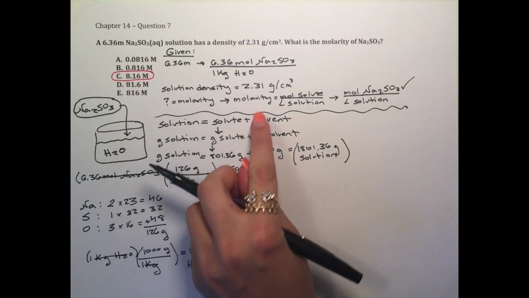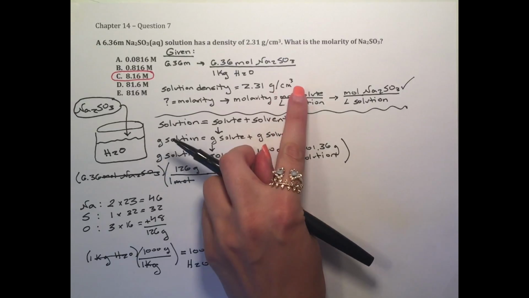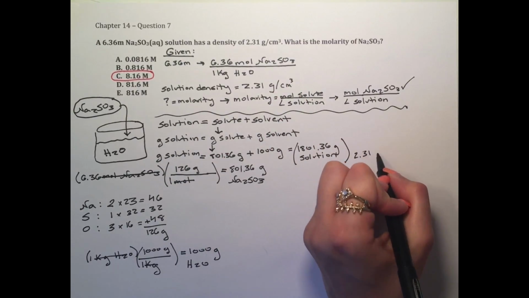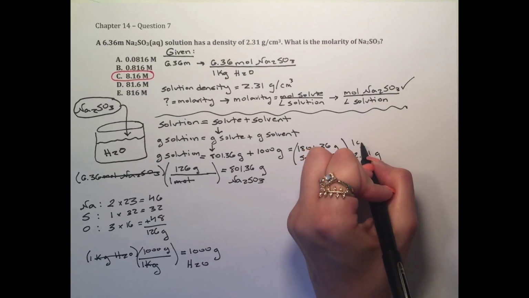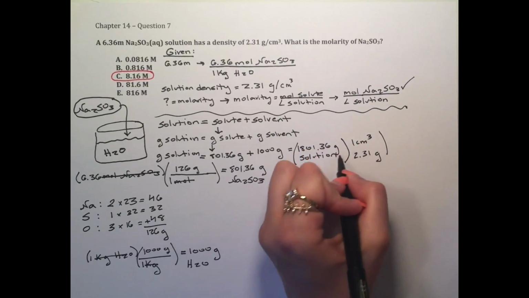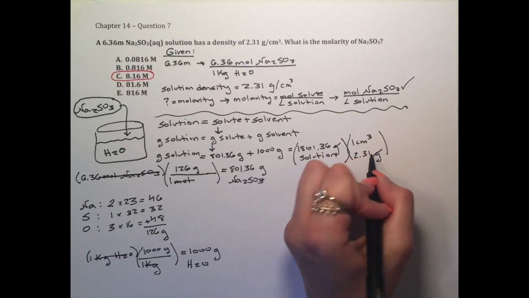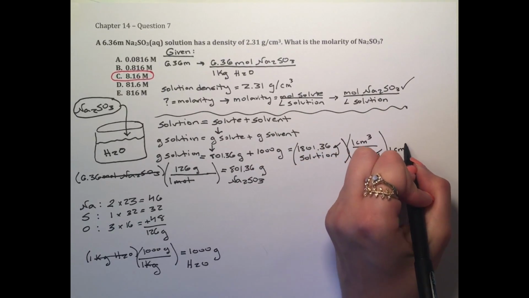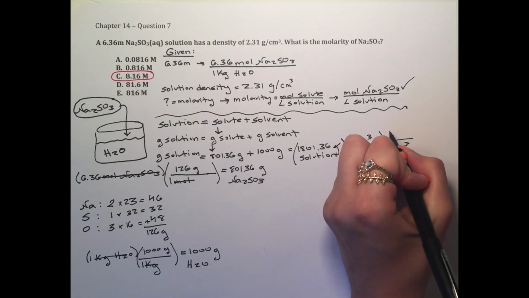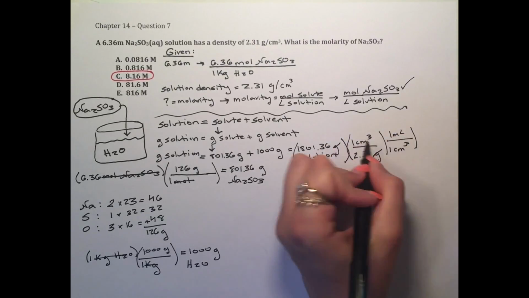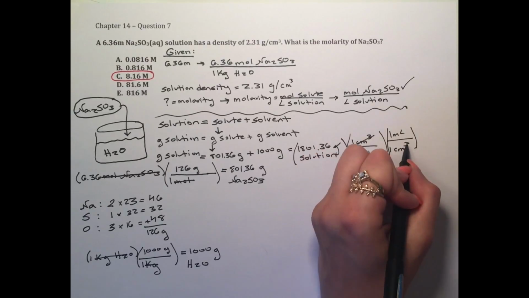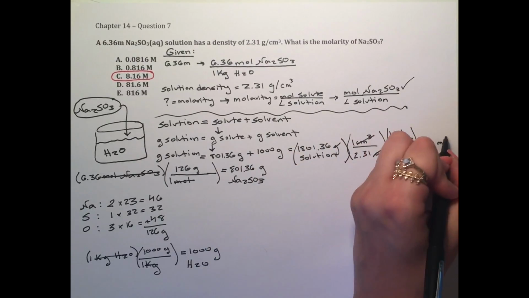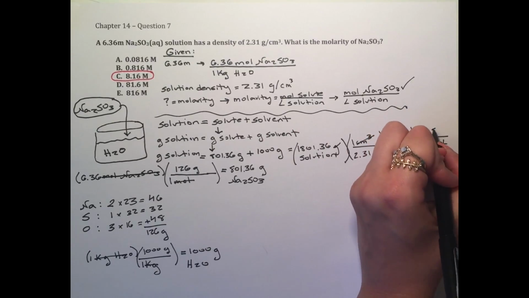All right, and we know that for 2.31 grams of solution, we have 1 centimeter cubed. And we know that 1 centimeter cubed is equivalent to 1 milliliter. Cancel out our units, and we know that there are 1,000 milliliters in 1 liter of solution.